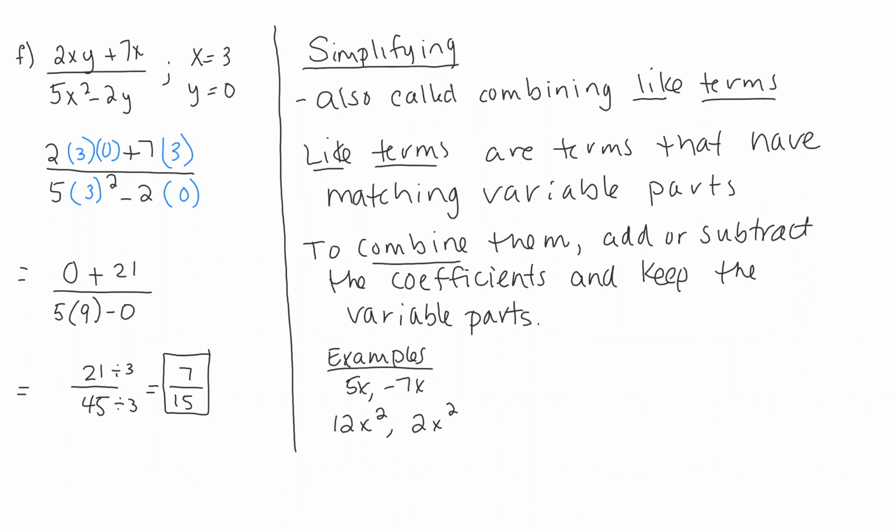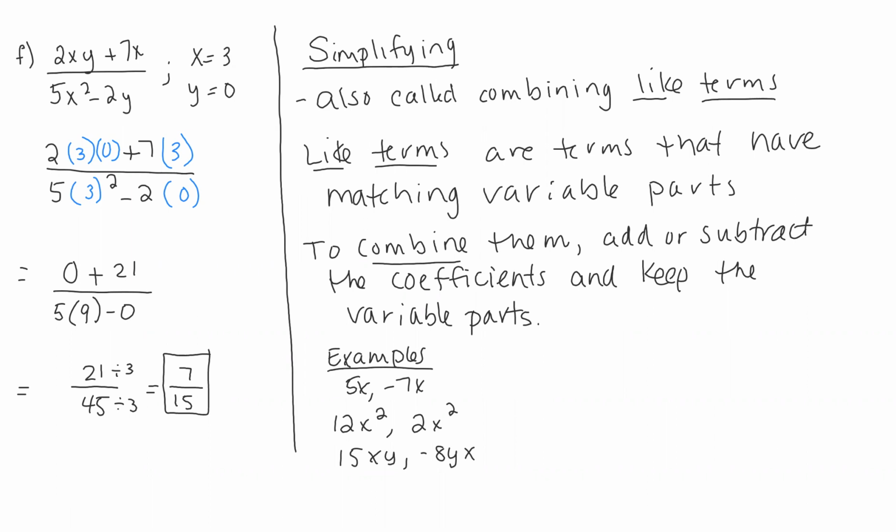We could also have something like 15xy and negative 8yx. Now, these look slightly different. It looks like they're not the same because you have x then y in the first example, and then you have y and then x in the second example. So the variables are out of order. However, it doesn't matter the order of the variables. What matters is that the variable parts are the same. Same variables, same exponents. You have an x to the first power and a y to the first power in both terms.